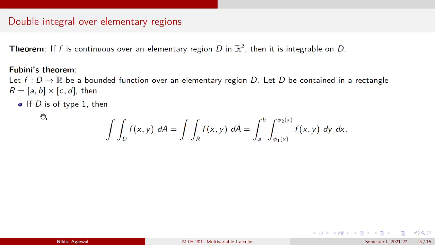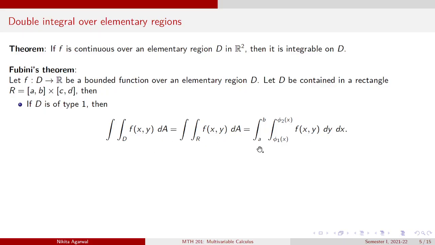Then if D is of type 1, then we defined last time the double integral of a function over a general domain to be the double integral of f tilde, the extended function, over the rectangle. This is something that we did last time, right? It comes from the definition, that's okay. But how do you compute this integral?